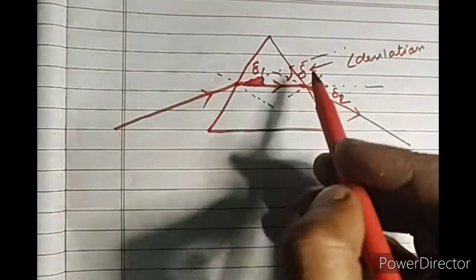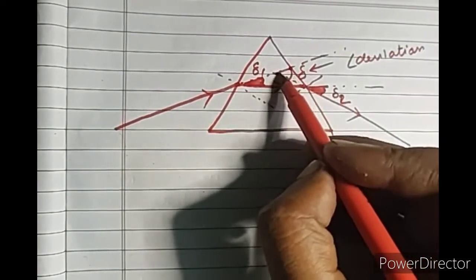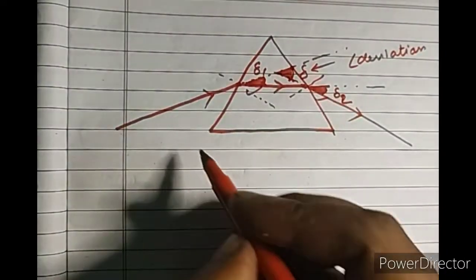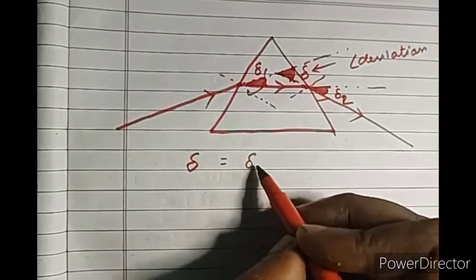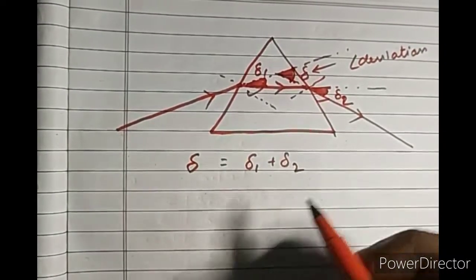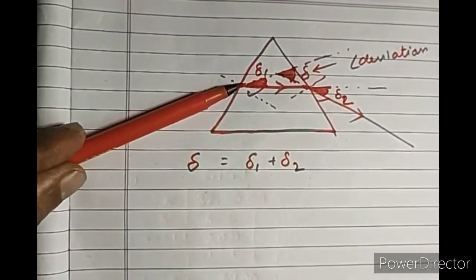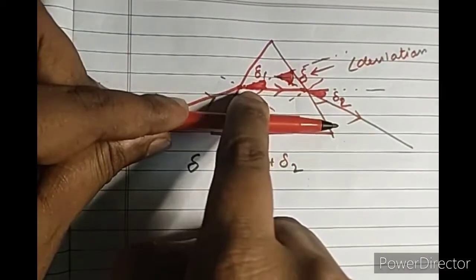So this final angle which I am getting over here is the sum of this and this. That means we can write that the final deviation angle, or total deviation, is equal to deviation 1 plus deviation 2. It was supposed to go like this, but it is getting deviated through this angle.